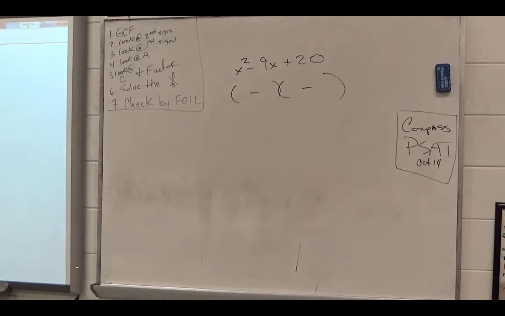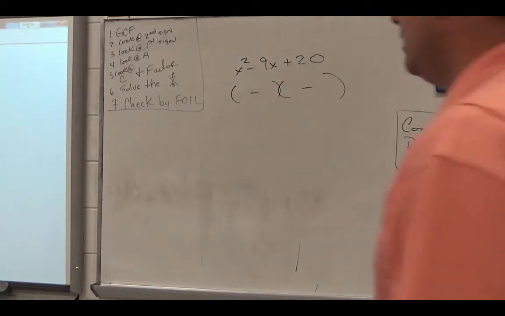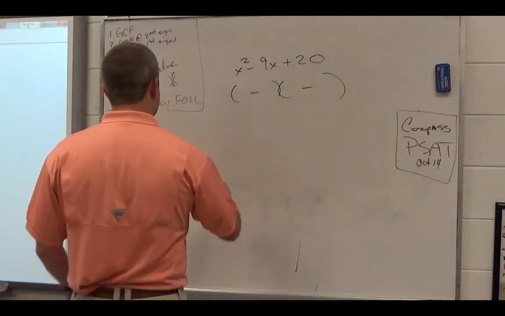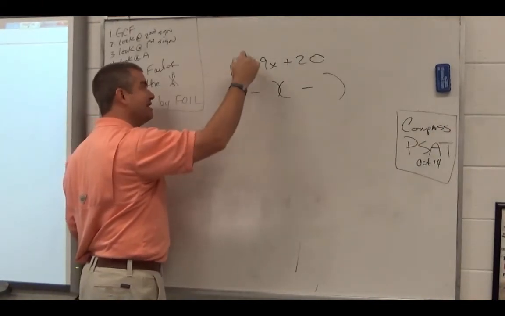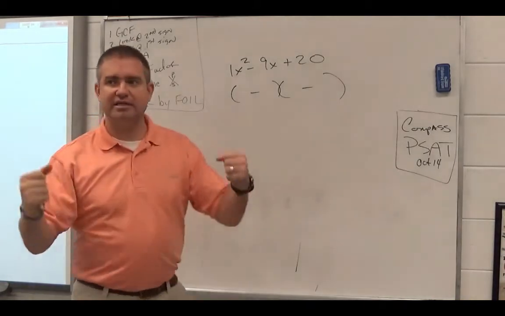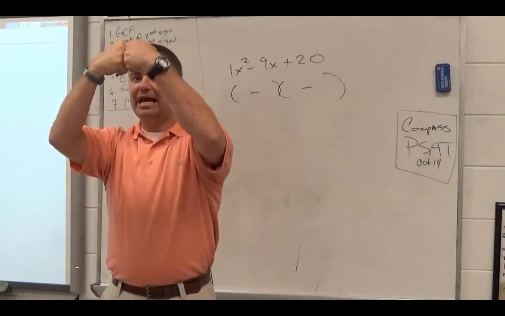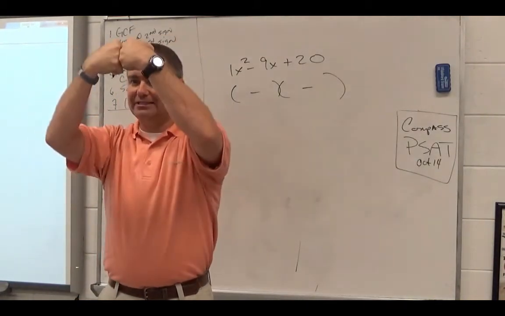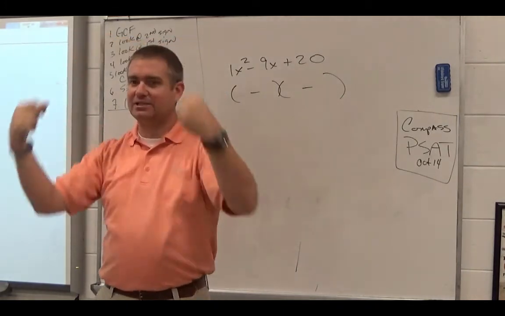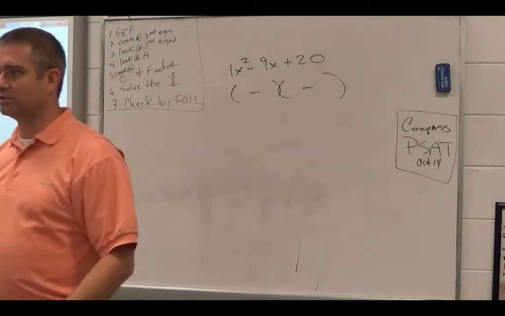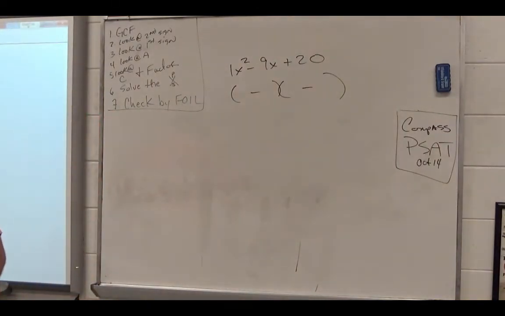Then step number 4 says look at A. Every problem this week, A is going to be equal to 1. So that makes this very easy. What are the only two things in the universe that I can multiply together to get x squared? What's the only thing that works? X and x.